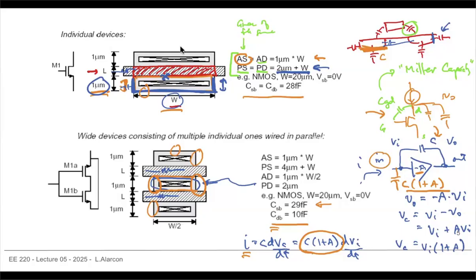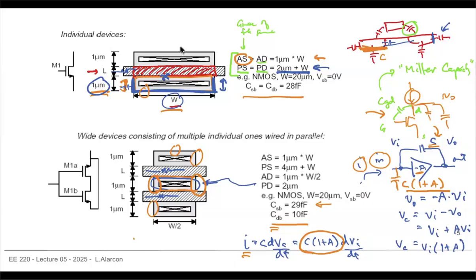Even if you have 1 femtofarad or sub-femtofarad for this capacitor, if I put it across an amplifier with a gain of 1 million, or 100,000, or 10,000, then from the input's point of view I'm charging a very large capacitor, and that means I need a very large current. If I cannot provide that current, it takes a longer time to charge and discharge that capacitor.